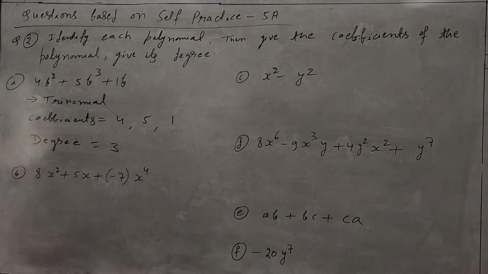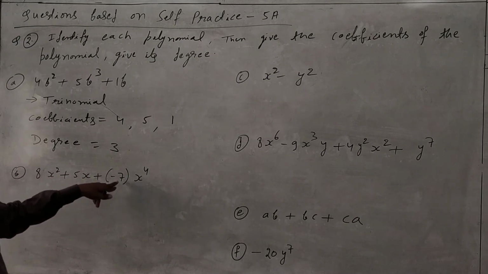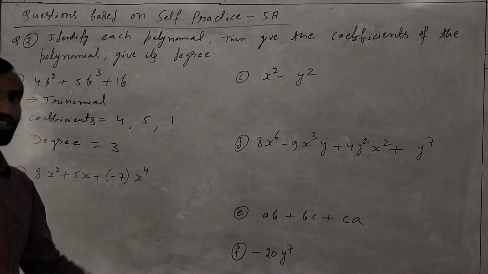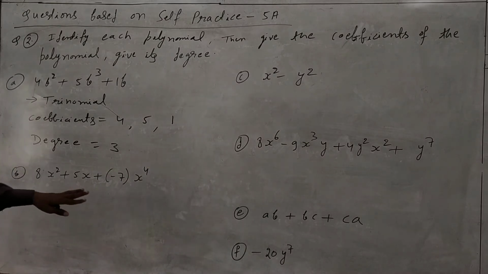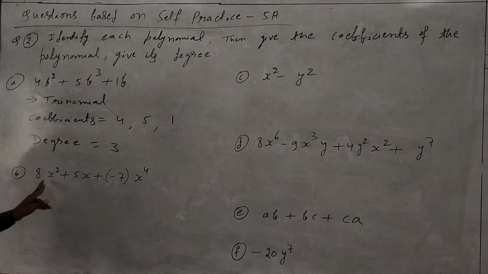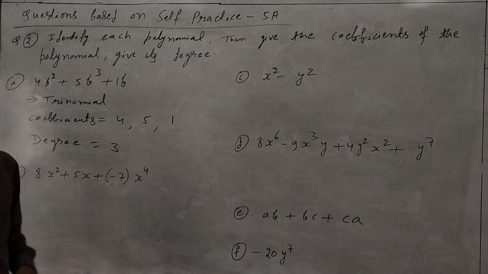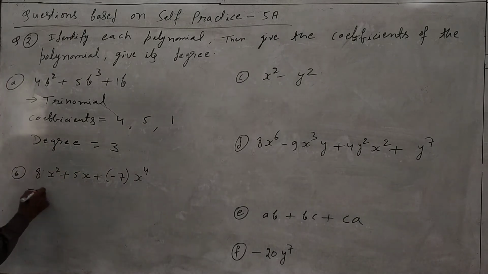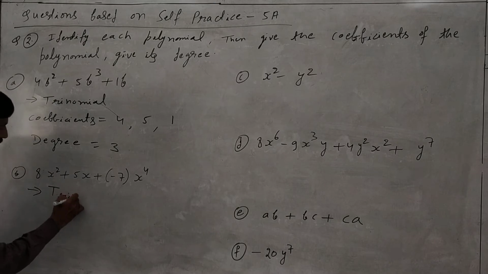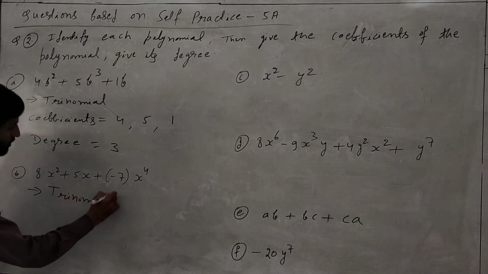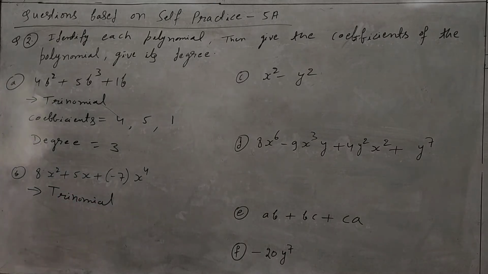Okay. Next, second part, 8x square plus 5x minus 7x to the power 4. Here also there are 3 terms. Just see here: 1, 2, 3. So 3 terms are there, so we have to answer trinomial again. So it is trinomial. Now find the coefficient of each term.